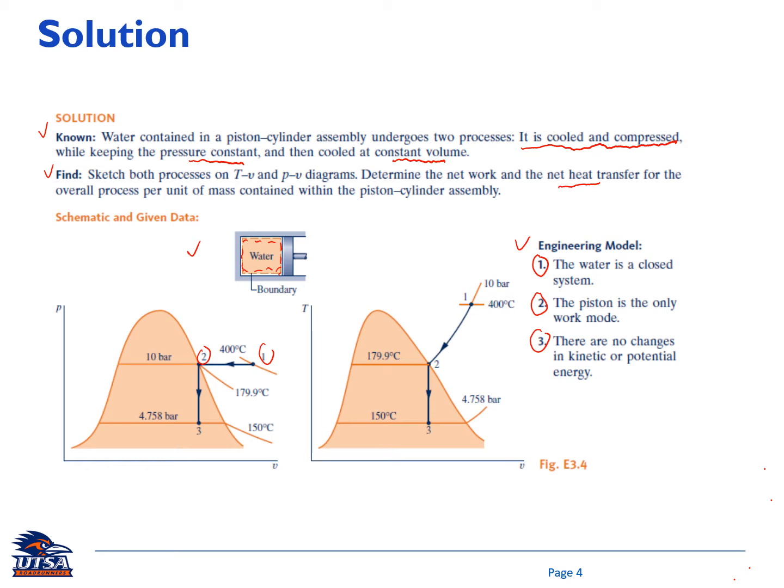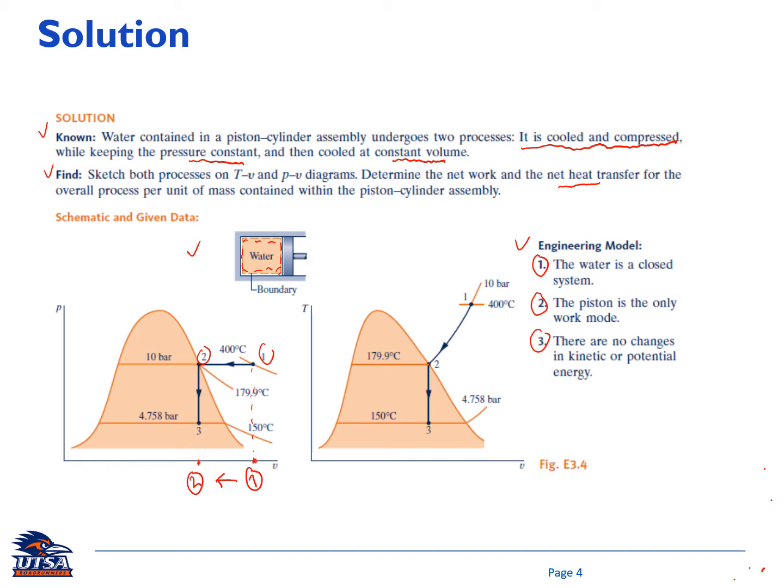Why? Because it is a compression process. So the volume from state number 1 will decrease and go to the volume at state number 2. So here, I know that state number 1 is superheated condition.